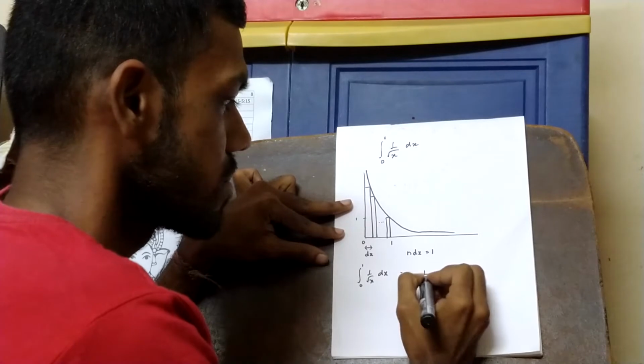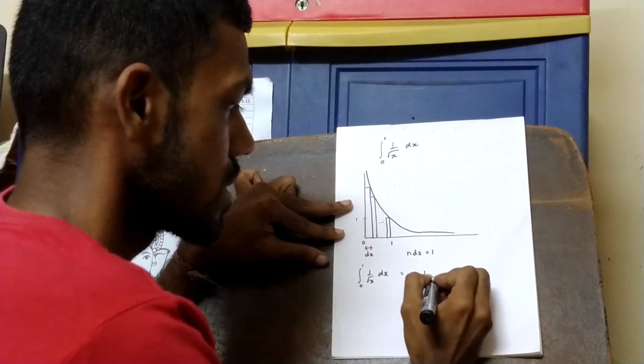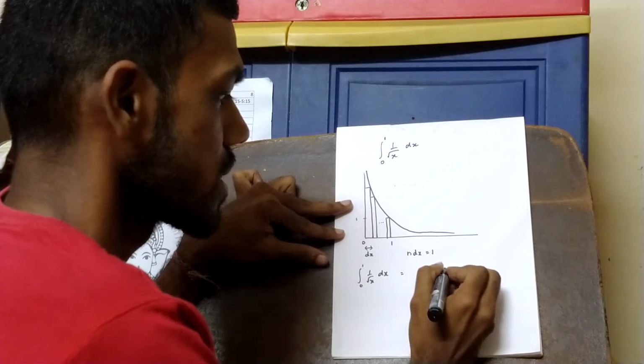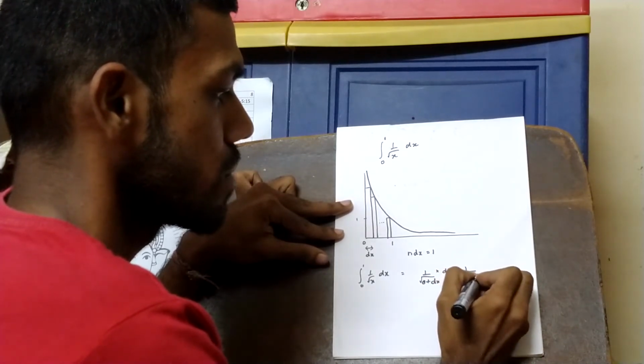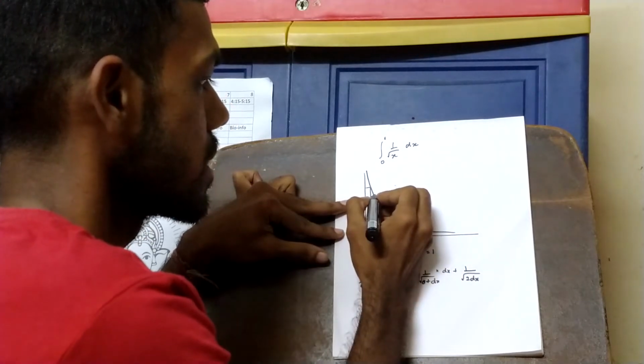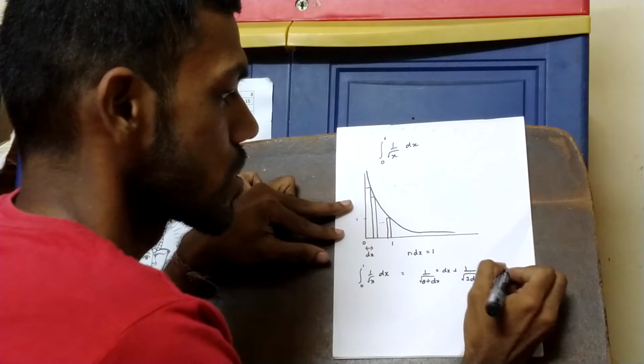The area of the first strip is 1 by root of 0 plus dx, into dx. The second strip is 1 by root 2 dx into dx, where dx is the width of the strip, and so on.